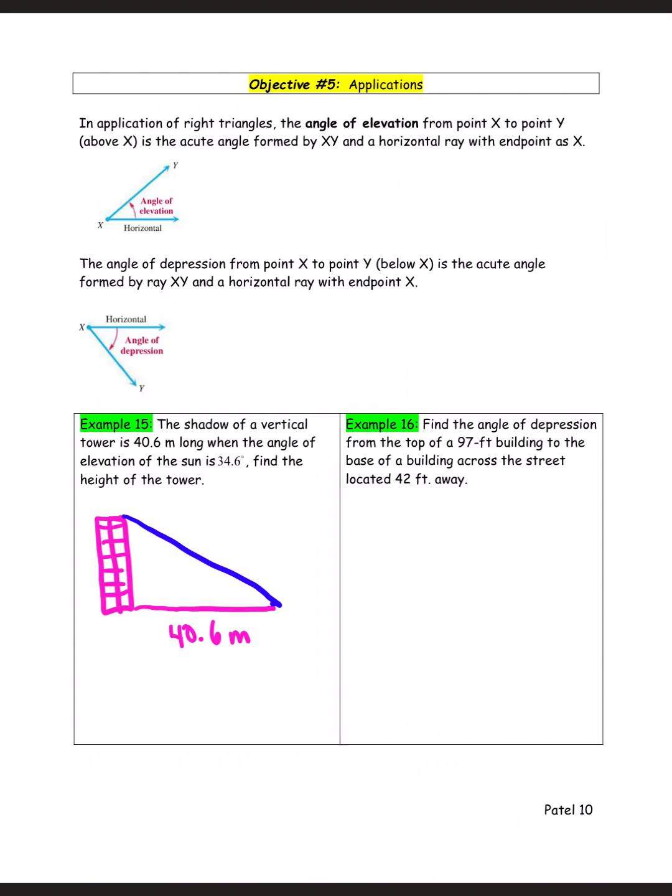And right here's the sun, and the angle of elevation is 34.6. And we want to find the height of the tower.